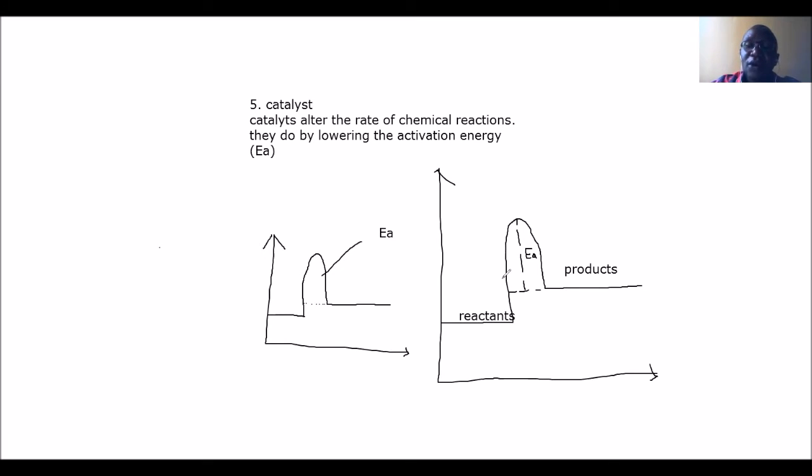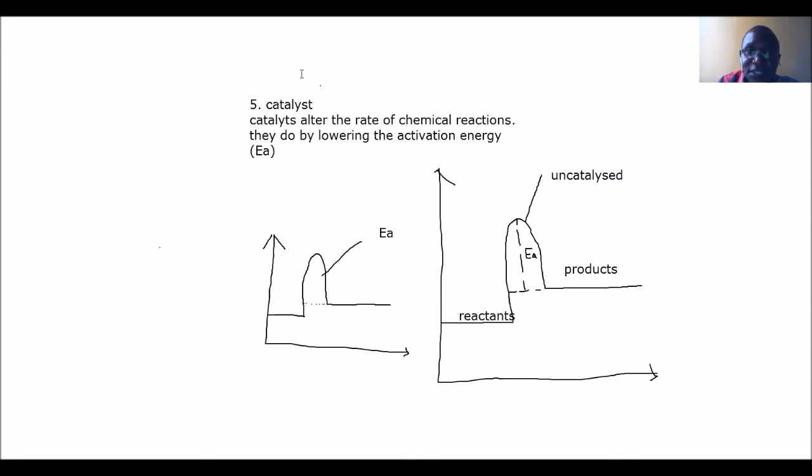Okay. Now, this energy level diagram shows a reaction whereby there is no catalyst. So this one is uncatalyzed. So I can say this hill here is showing the uncatalyzed reaction. If we apply a catalyst now in this reaction, we put a catalyst, this is now what will happen.